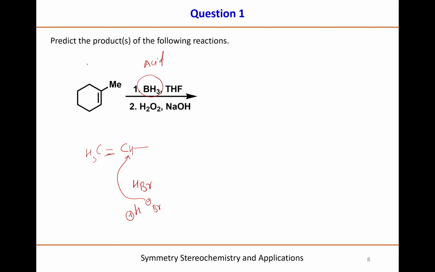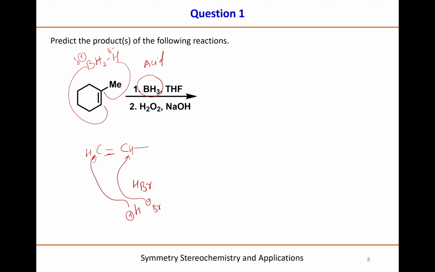So in the BH3 case, we will split it into BH2 and H, right? It will attack this way. In BH2, the BH2 is more electropositive compared to H, because electropositive will always go on the less substituted carbon. So that's why this BH2 will come over here, and this H will go here.